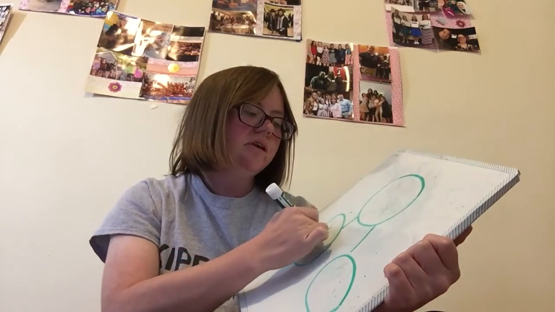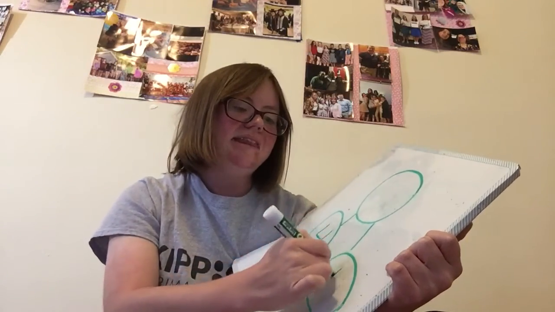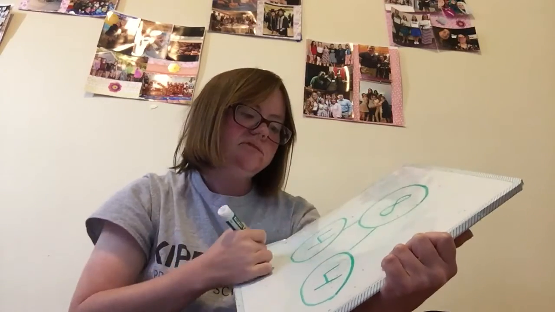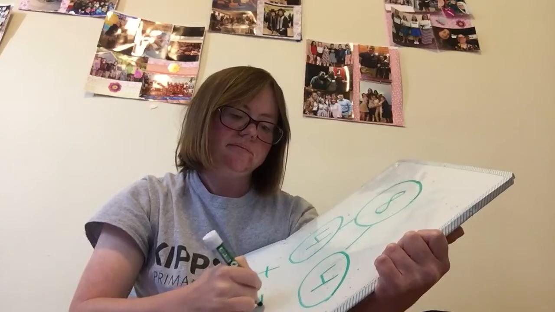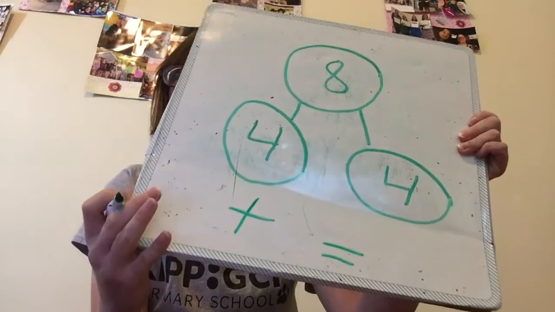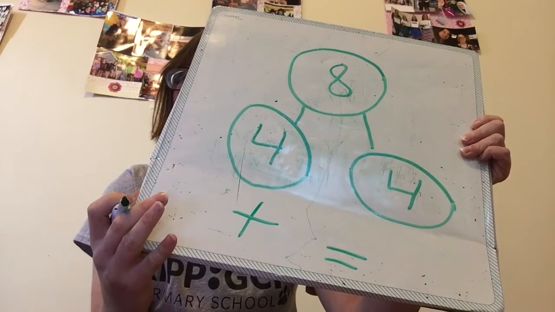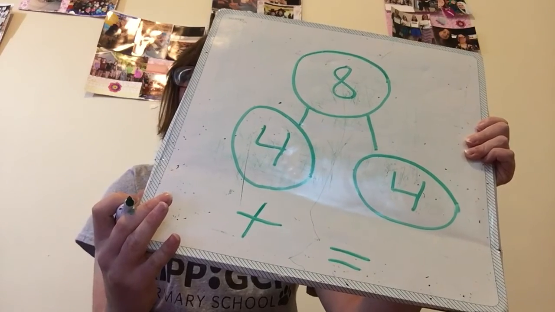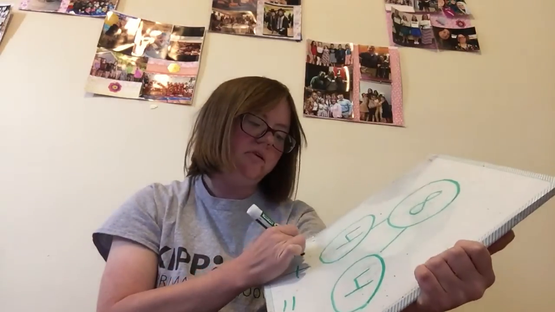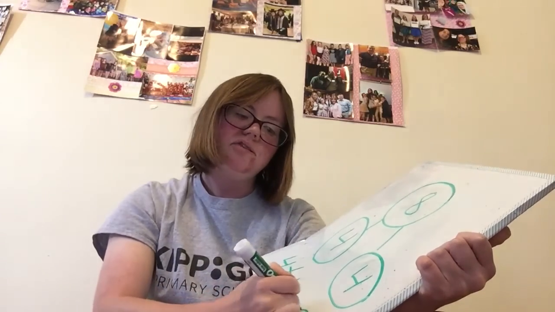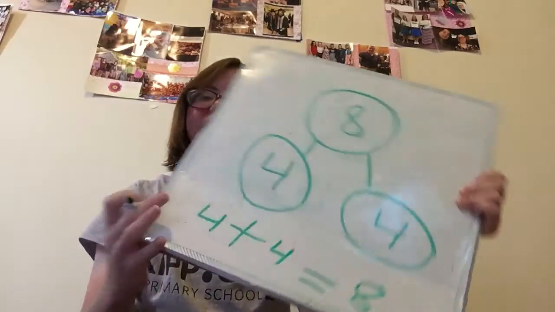That's right. 4 and 4 go at the bottom and they make 8. What would our number sentence say? That's right, our number sentence would say 4 plus 4 equals 8.